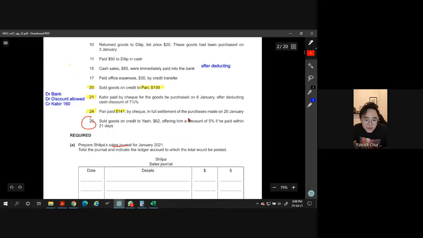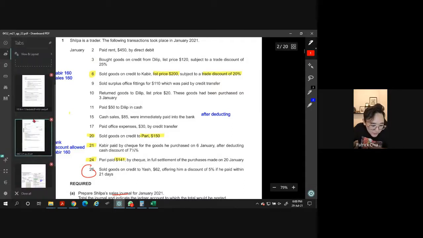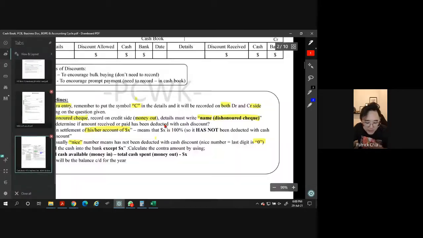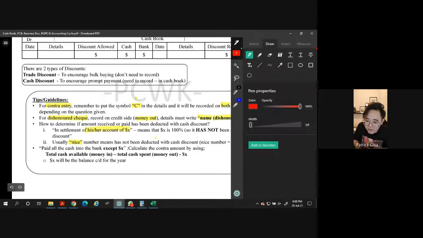Okay, guys. For 2020, there's not many cash book questions. So when you see one, you can take the trick that I teach you. There's one last part, also super important, that they like to test. The last tip is when you see the words paid cash into the bank.